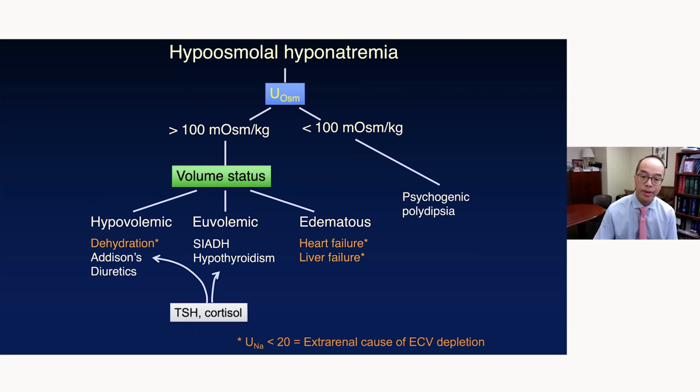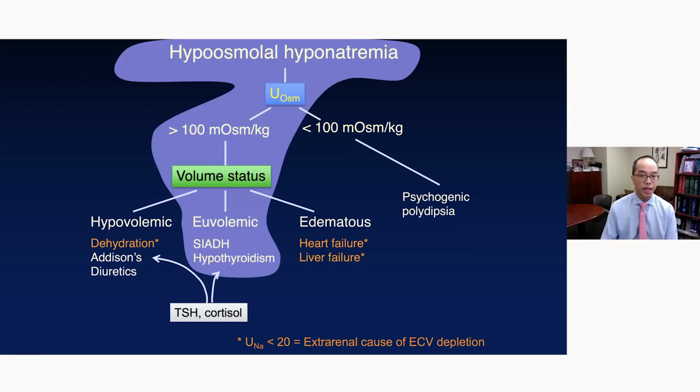One condition that mimics this is hypothyroidism, which can behave very similarly, at least biochemically, and so that always has to be in the differential. In fact, adrenal insufficiency and hypothyroidism are often unrecognized endocrine causes of hyponatremia, and so this is just to remind me that I should always check a TSH and a cortisol level in any patient with unexplained hyponatremia.